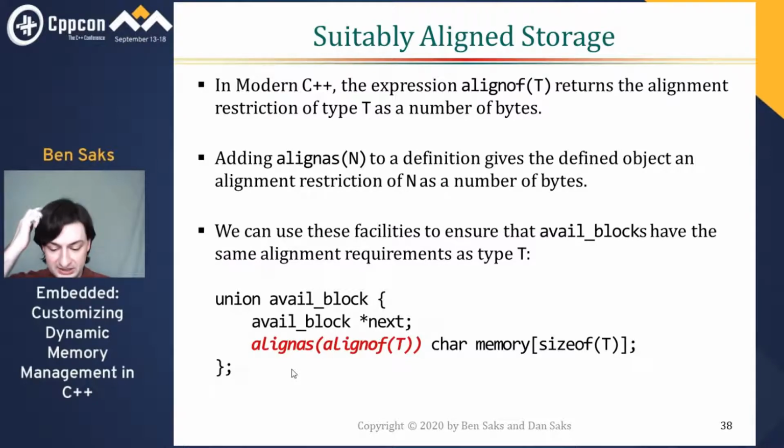So, question: is overriding the member function new hostile to the standard library allocator model?